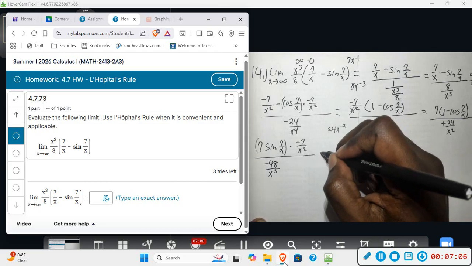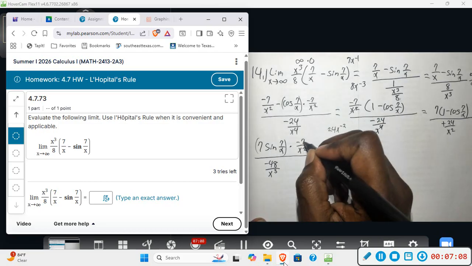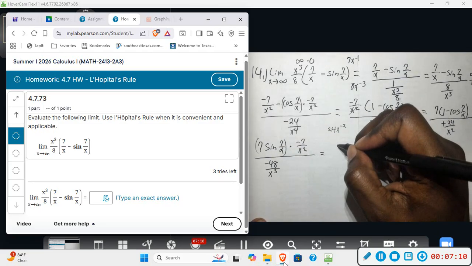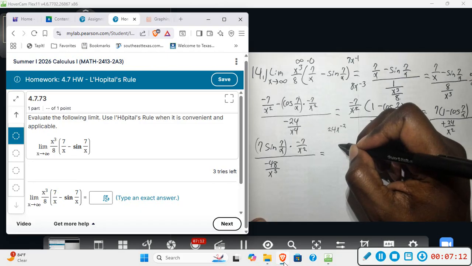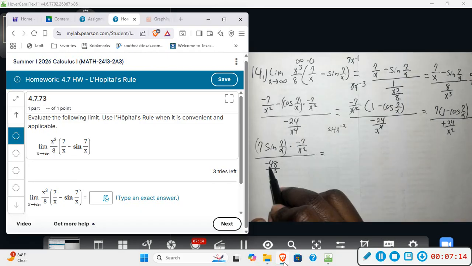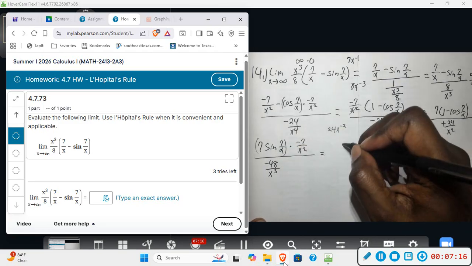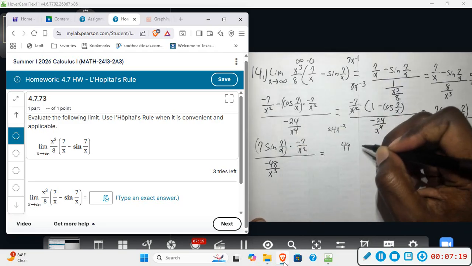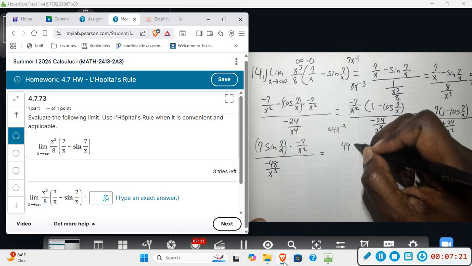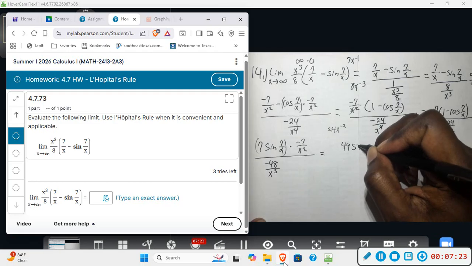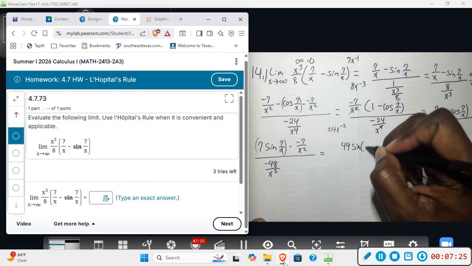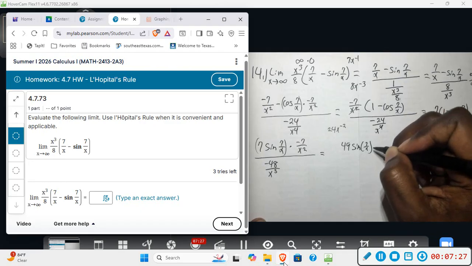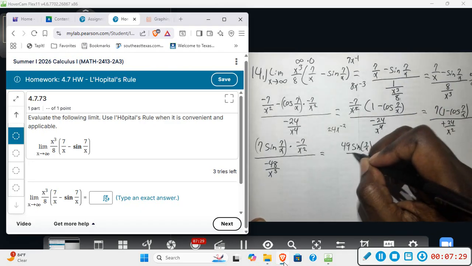All right. Simplify. 7 times 7 is 49. Going to be a negative. I'm just going to get rid of the negative because negative over negative is going to be positive. So I'm going to say 49 sine of 7 over x, and then I have all over x squared.